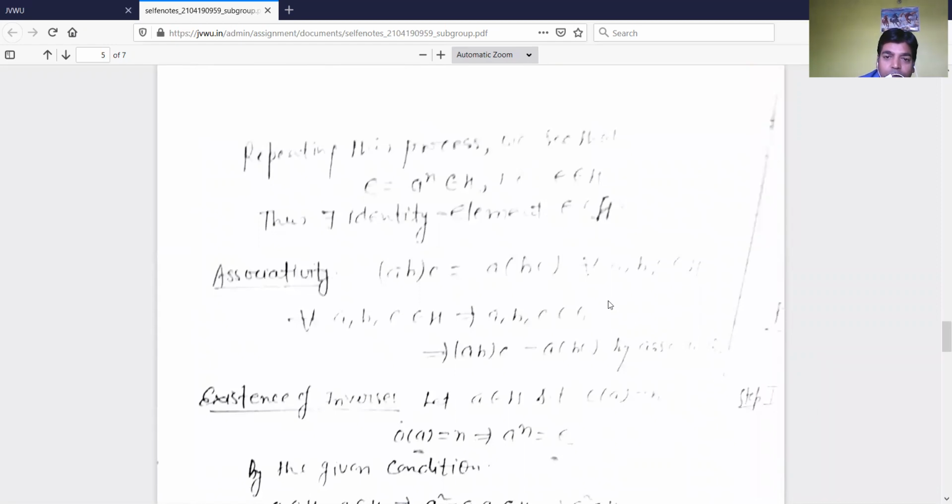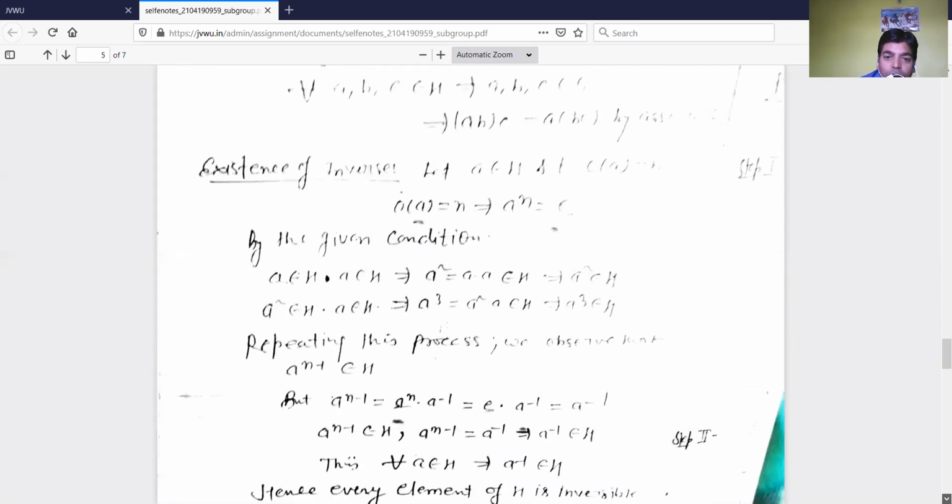Repeating this process, we find that E is equal to A to the power n belongs to H. That implies E belongs to H, so the identity element E is also part of H. Now associativity: A operation B operation C is equal to A operation B operation C for all A, B, C belongs to H. So the associative property also holds.